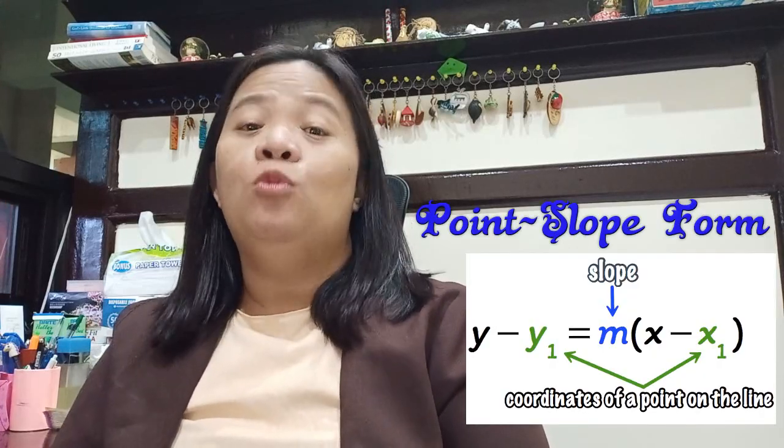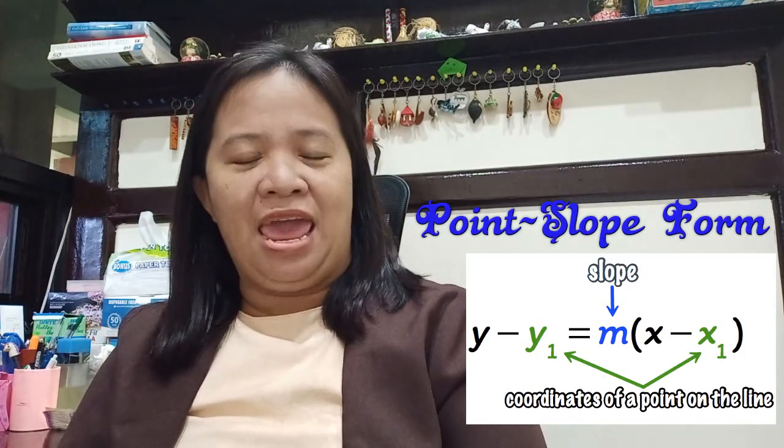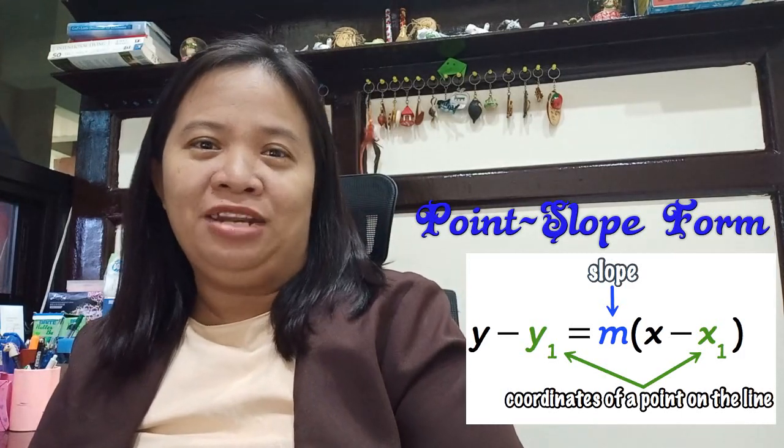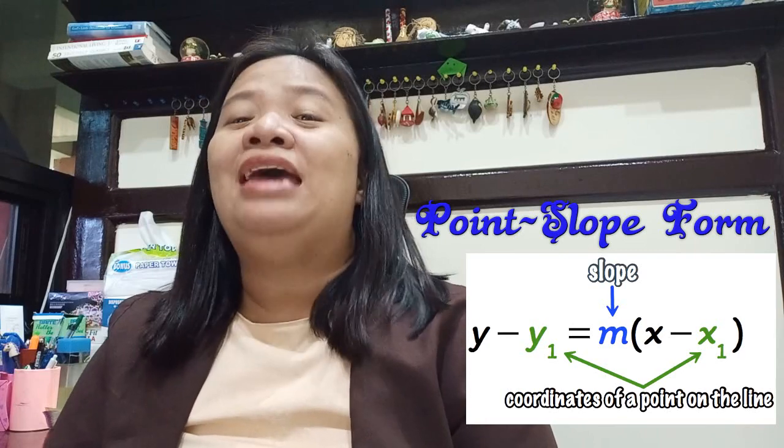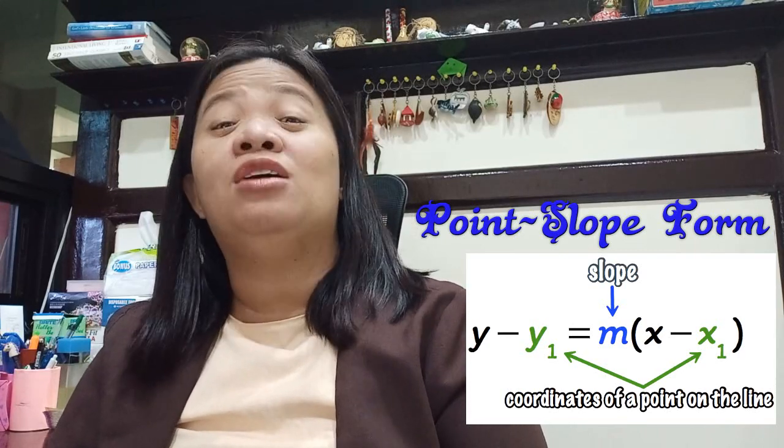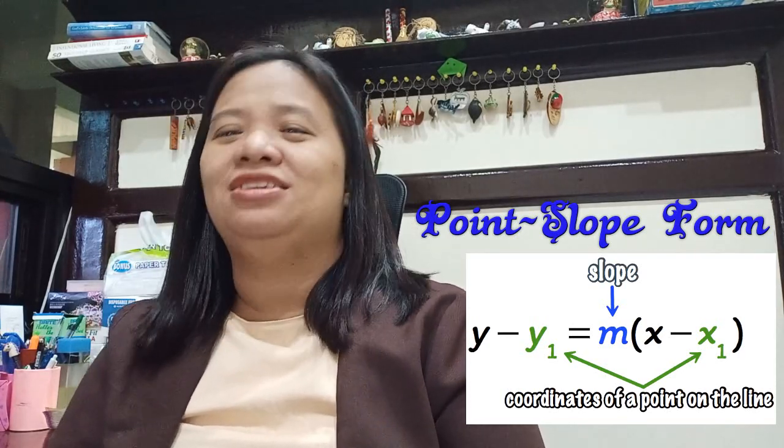Second, the point-slope form, which is y minus y sub 1 equals m times x minus x sub 1, where m is the slope and x sub 1 and y sub 1 are the coordinates of the given point.